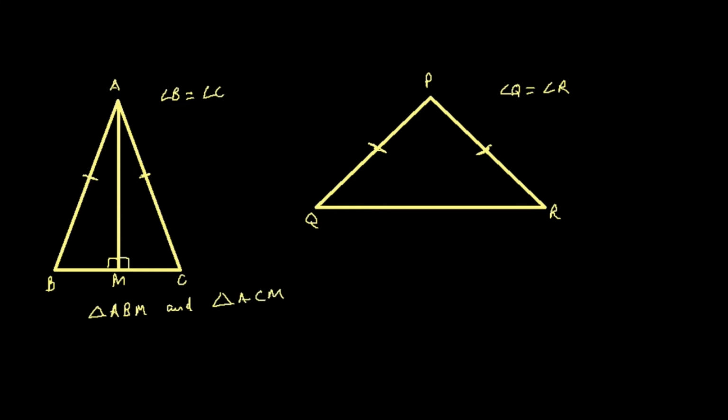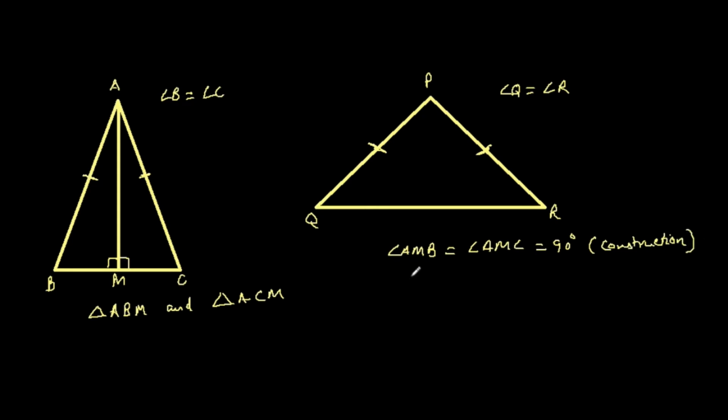Now let's learn how to prove that these two triangles, triangle ABM and triangle ACM, are congruent. We know that both of these are right angle triangles because they have a 90-degree angle in them. So we know that angle AMB is equal to angle AMC is equal to 90 degrees, because that was our construction, that we had dropped a perpendicular on the side BC.